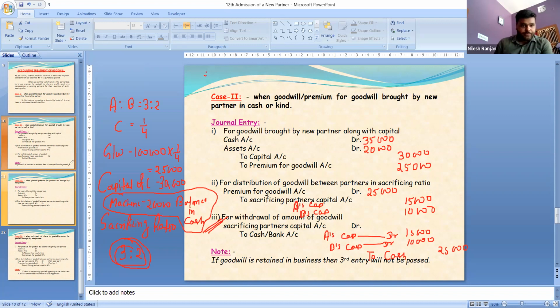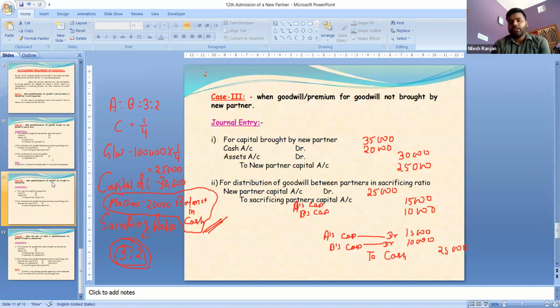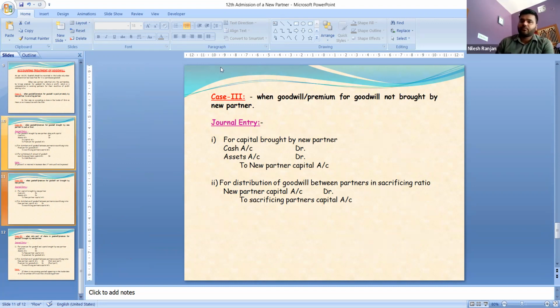Case 2, case 3. Here it is written as when premium for goodwill is not brought by the new partner. It means the premium for goodwill is not brought by the new partner.